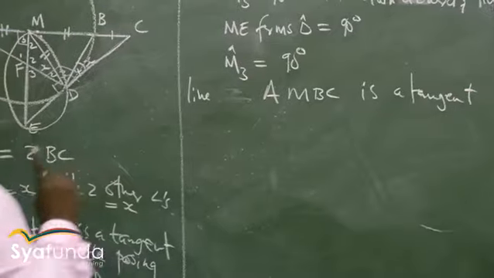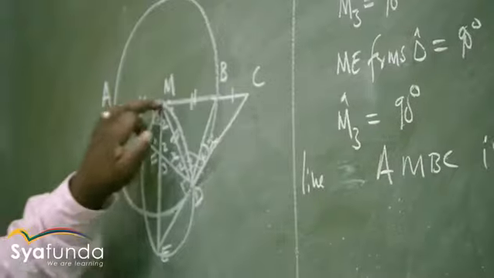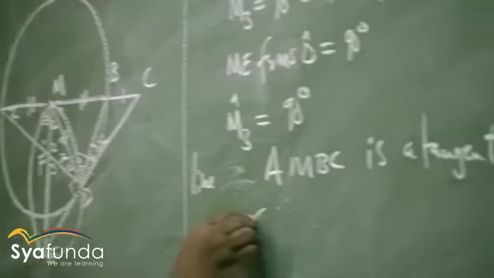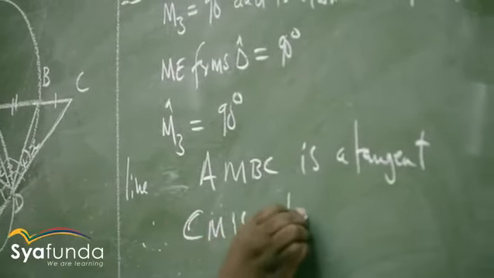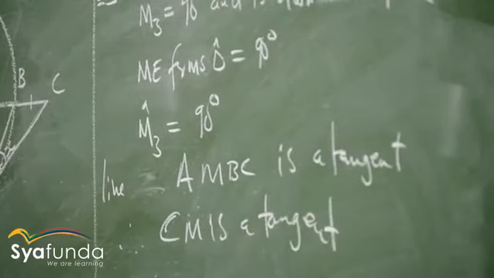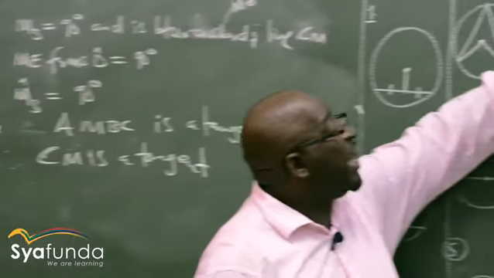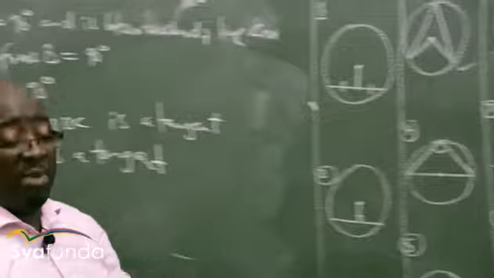And line CM is part of that whole line. Therefore, line CM is a tangent. The idea was to use the theorem: if I've got an angle between a particular line and a chord equal to the angle in the alternate segment, then this line will definitely be a tangent.